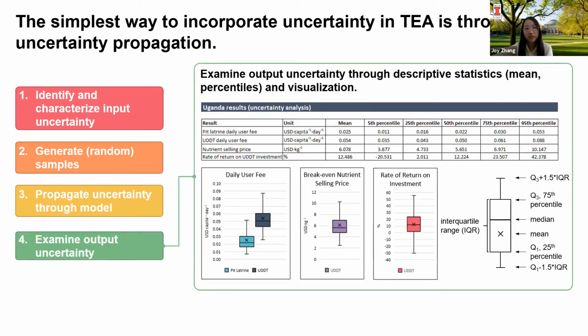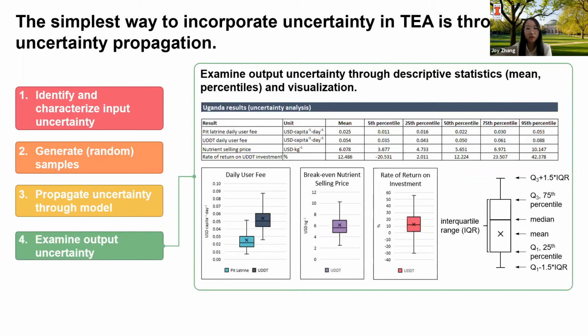Once we have inputs and output data, we can move on to examine or quantify the output uncertainty. There are many different options where we can use descriptive statistics to describe the spread or the range, the distribution of the output variables.